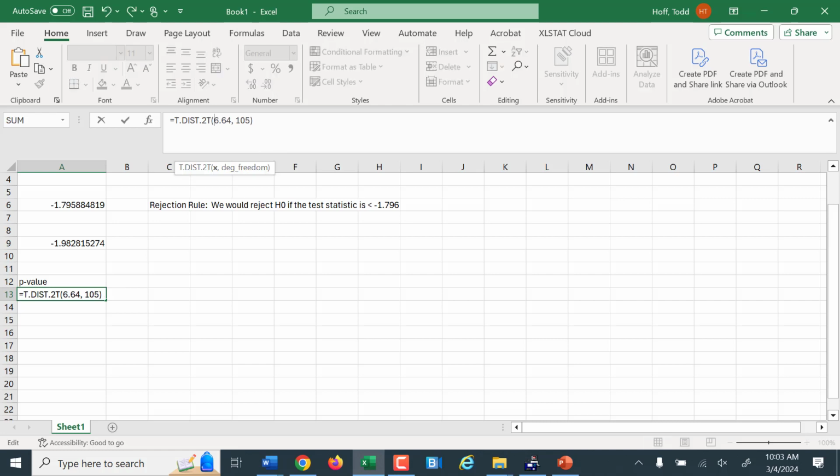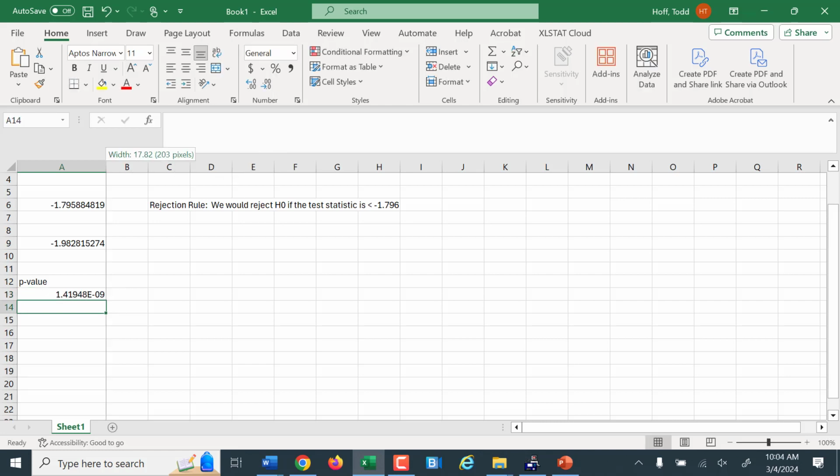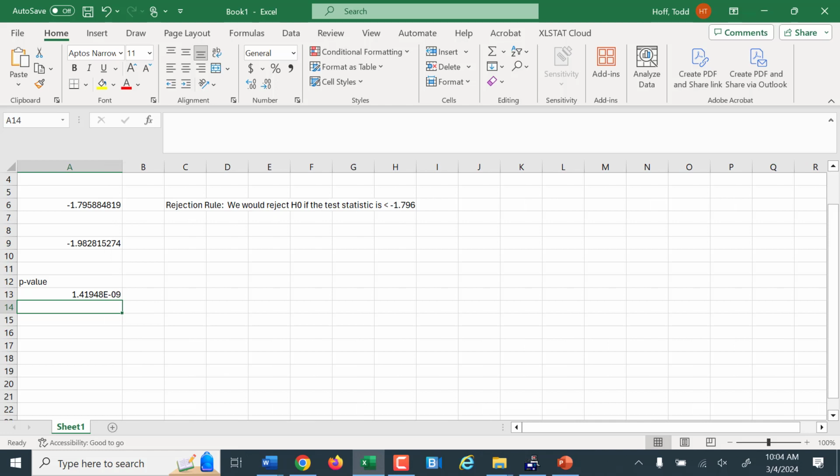So we get almost zero. That E negative 9, by the way, so what went wrong there is when you use the two-tail, you always have to put in the test statistic as positive. So I just changed it to a positive 6.64 and it worked. That E negative 9 means times 10 to the negative 9. So this is literally 0.0000001419. So basically 0 is our p-value there.